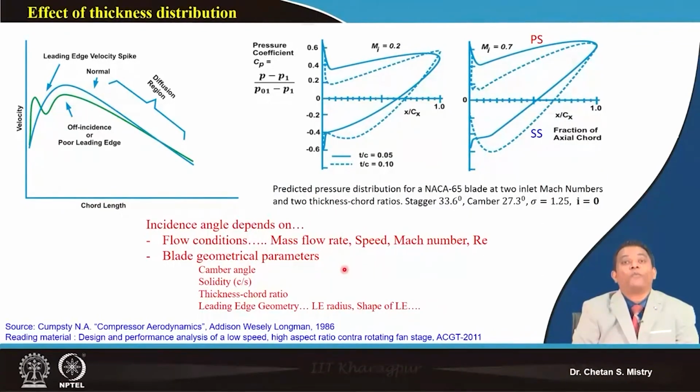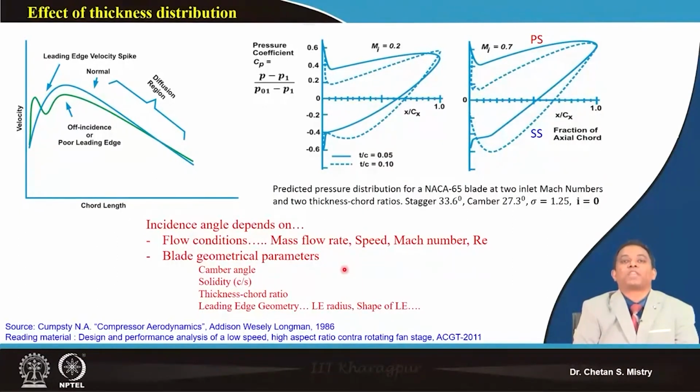Now when doing the design, what designers do at the initial stage is assume some incidence angle. Suppose near the hub they assume a positive incidence angle, and near the tip they assume a negative incidence angle. With the change of my axial velocity, the blade will still work under design condition.